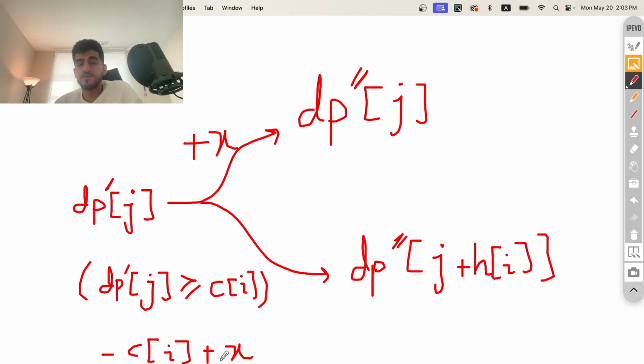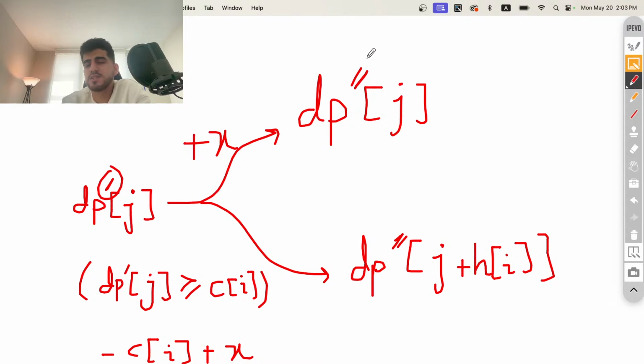Okay, dp of j, as I said, means the maximum possible money that I can have if my happiness is equal to j. Yes, this is a one-dimension dp. And these signs that I show here are the same dp.